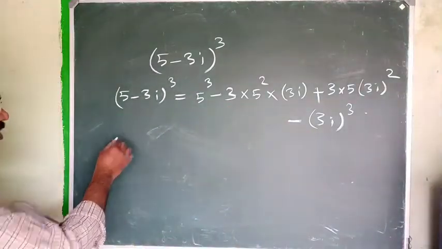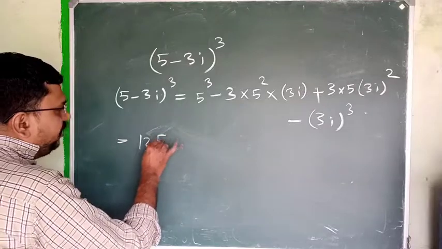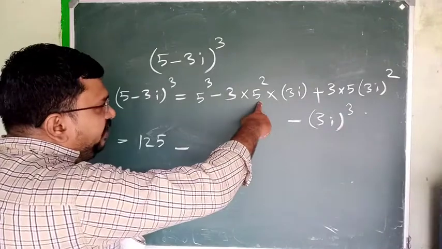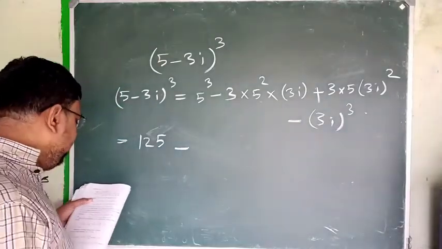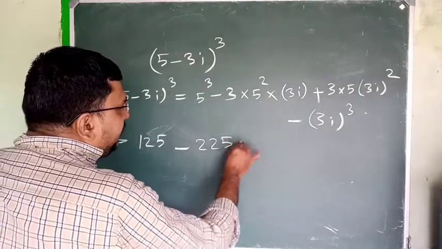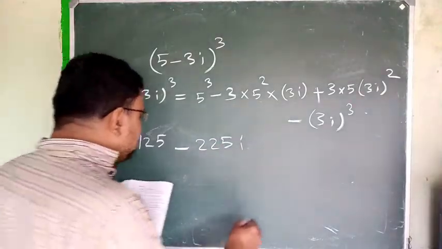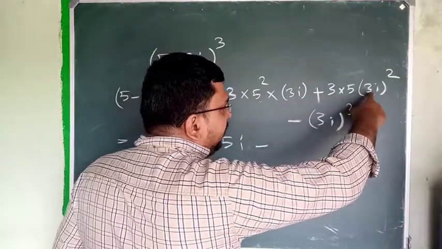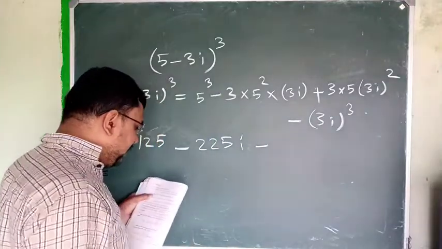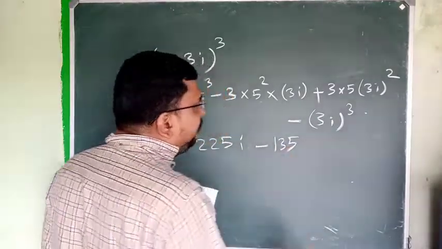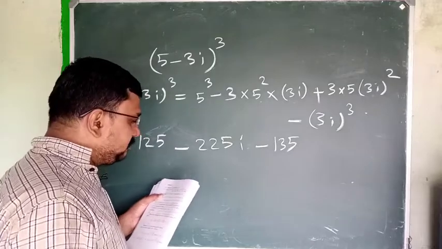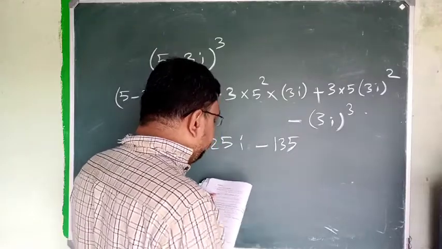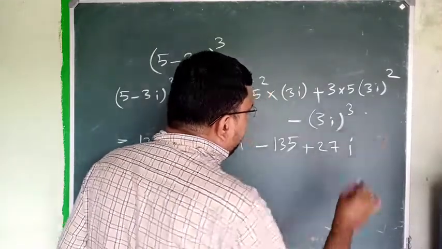That is equal to 5 cube is 125 minus 3 into 25 into 3, that is 225i, minus, next i square is minus 1, 3 square is 9, 9 into 5 into 3, that is equal to 135, minus of i cube, that will become plus 27i.